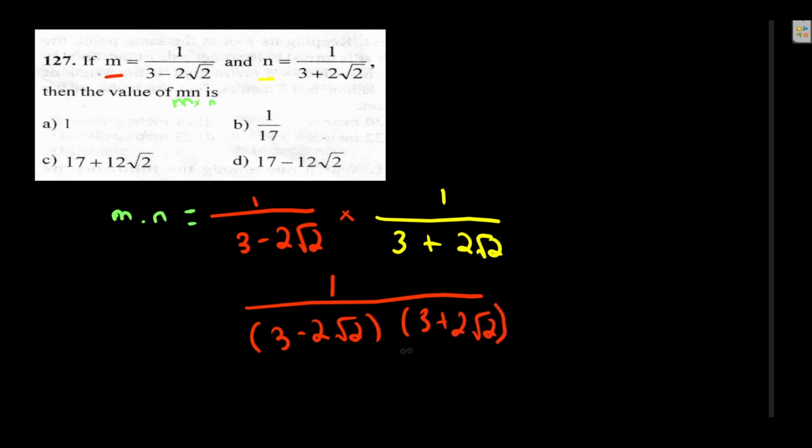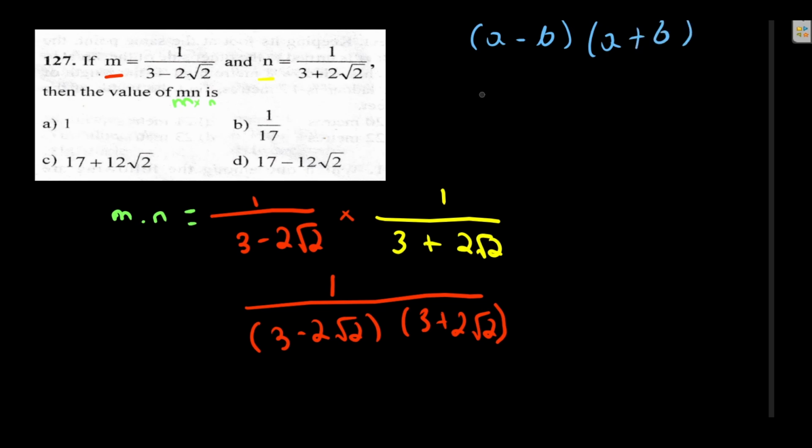Now, notice the denominator is a product of conjugates, meaning one is negative and the other one is positive. When we multiply conjugates, we can use the difference of squares formula. That is the algebraic identity. It will look something like this. Let me write it down: a minus b times a plus b.